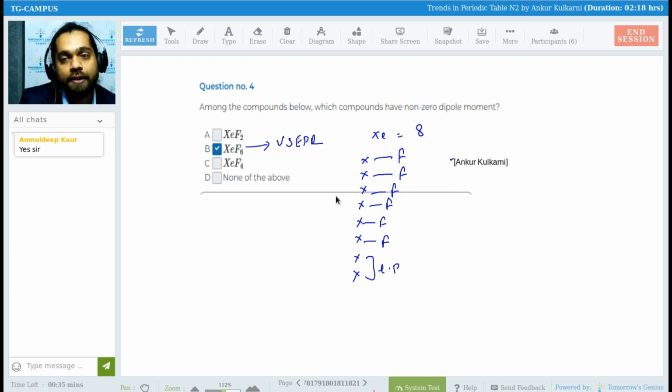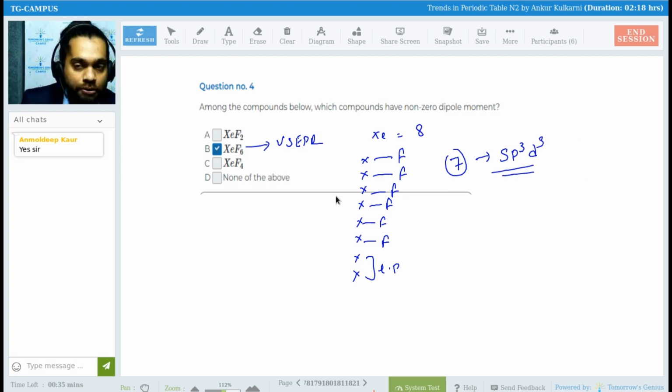So the number is 7. So 7 means you have 1 s, 3 p, and 3 d orbitals, sp3d3. So it should be pentagonal bipyramidal, but it is not. It is distorted octahedral. It is an exception.